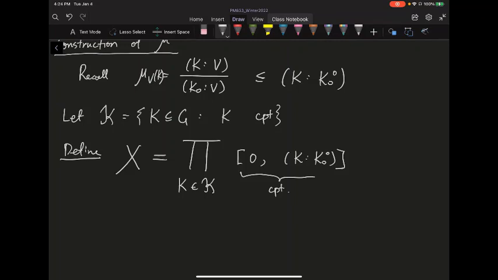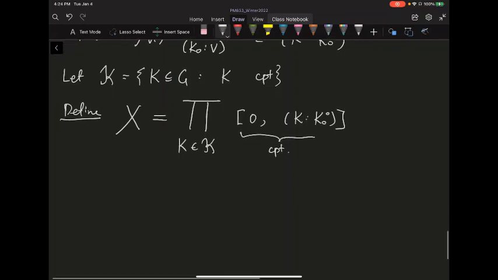You're taking a product of potentially uncountably many of them, but it doesn't really matter. Tikhonov's theorem tells you this whole product space under the product topology is a compact space. So we're applying Tikhonov, saying X is compact. Of course, we also need the axiom of choice to make sense of this infinite product, and we are assuming the axiom of choice for sure.